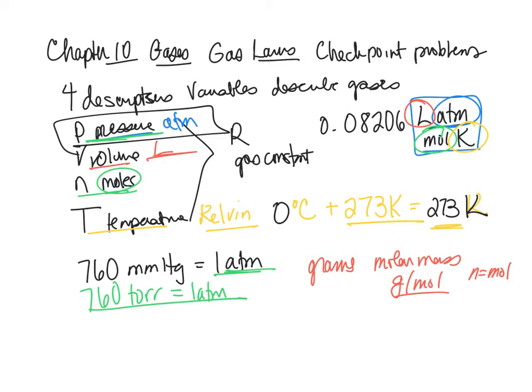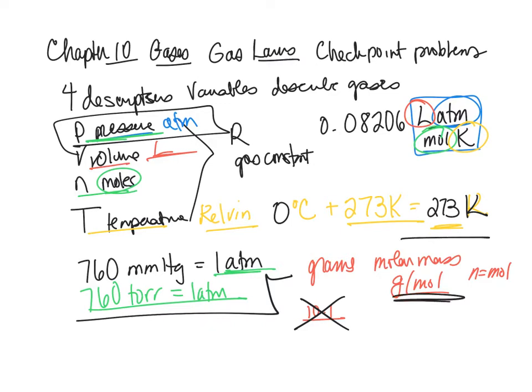And then there's the checkpoint problems in section 10.1, but I'm not going to have you do those. I've basically said here what I need you to be able to do in terms of unit conversions. So we're going to go straight into section 10.2, which is the gas laws.